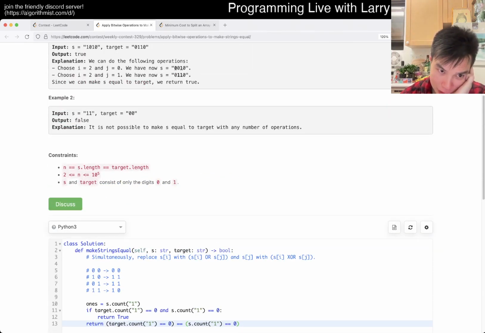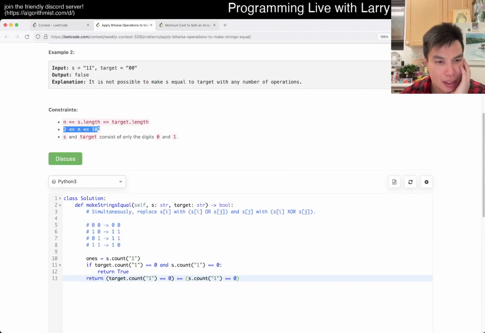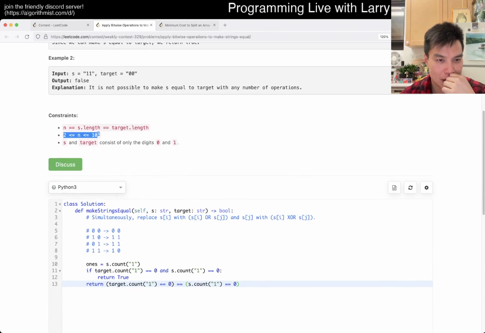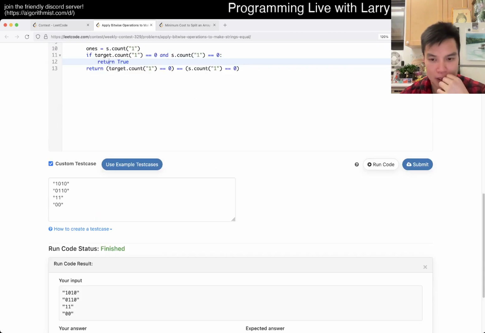No, n is 2. I was thinking that n equal to 1 may be a weird case, but can I prove this? They're all zeros. Oh, this is all zeros. Okay, but then you can make every other number just by shifting, right? So maybe I'm going to YOLO.